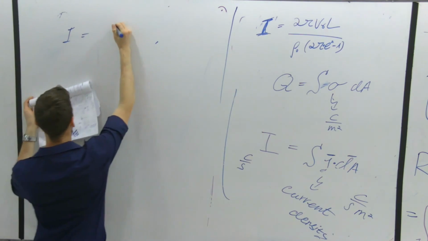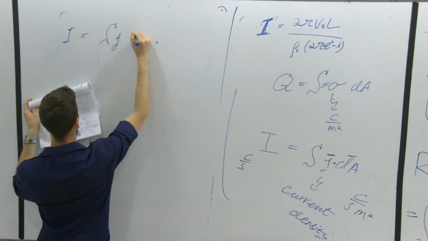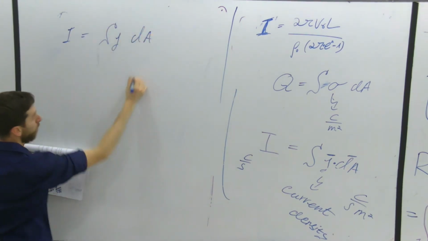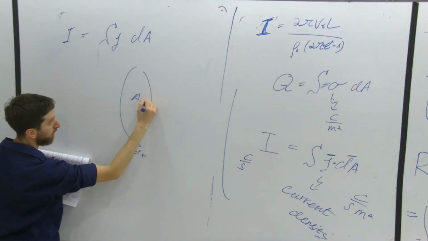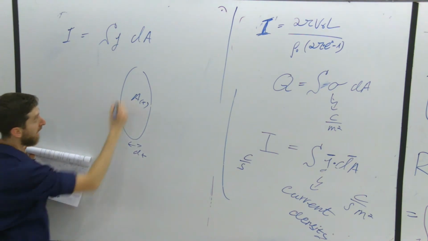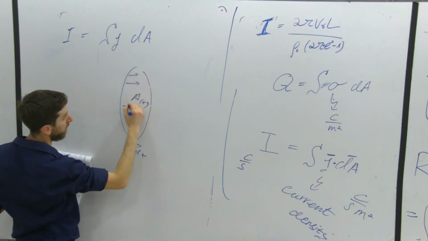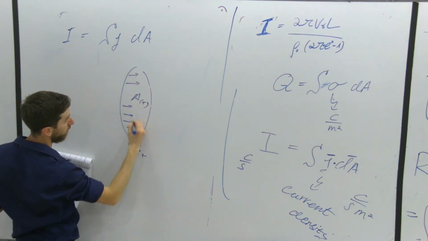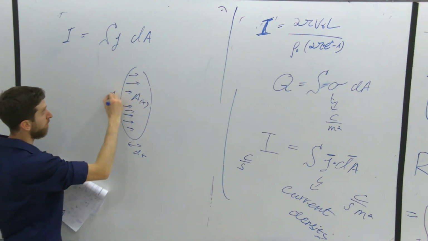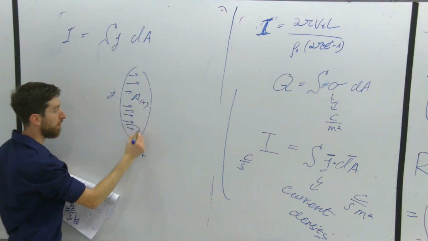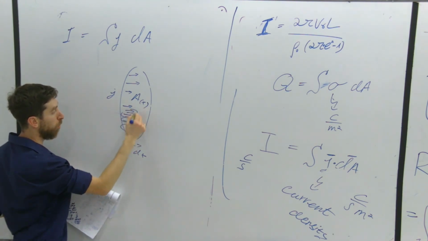I equals J dA, and this is true for every section. Every dx has some A, right? And has the same J. This is J entering this area, okay? And this is J entering the area, and J doesn't have any preferences to go anywhere.